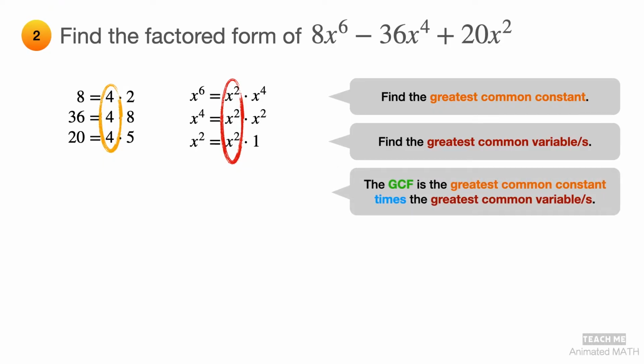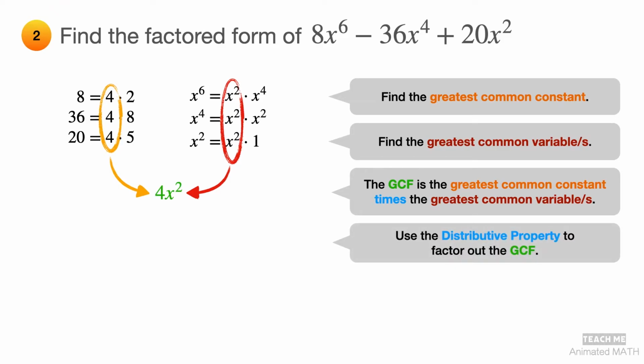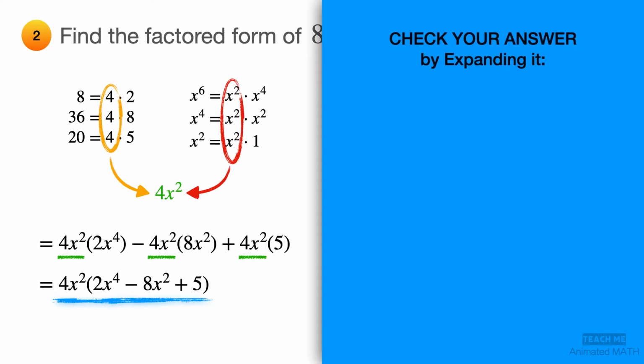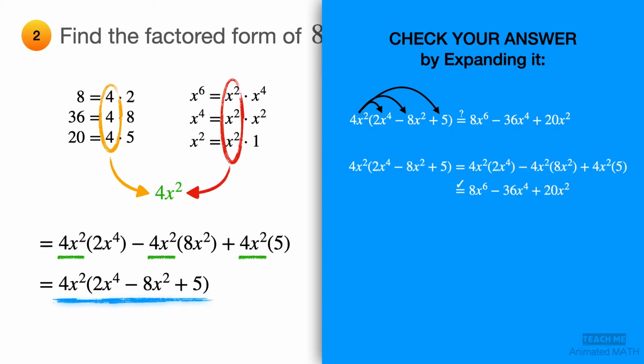Multiply the greatest common constant and the greatest common variable so that you find the greatest common factor, or GCF, which is 4x squared. Use the distributive property to factor out 4x squared from each term. And the final answer is 4x squared times 2x raised to 4 minus 8x squared plus 5. Don't forget to check your answer by expanding it using polynomial multiplication as shown in this video.